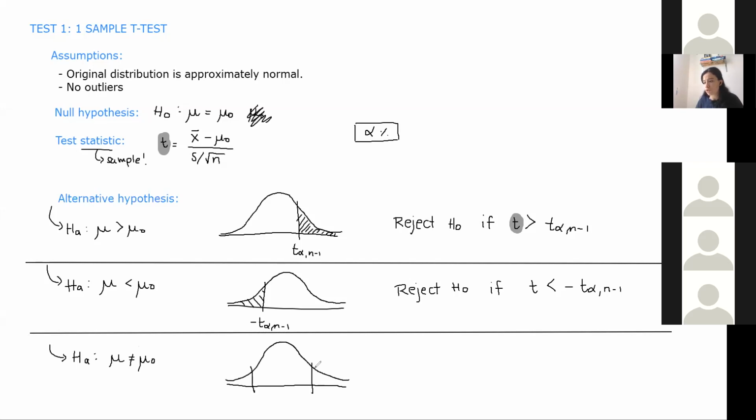If your value is too large, then it's very different from the value that you expected. If it's very small, then it's also very different from the value that you expected. Of course, in this case, you also want to only reject the extreme alpha percent, which means that you're going to reject if you're above t alpha over 2 because you're only going to chop alpha over 2 from both sides.